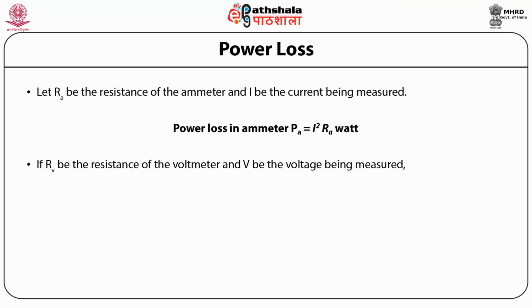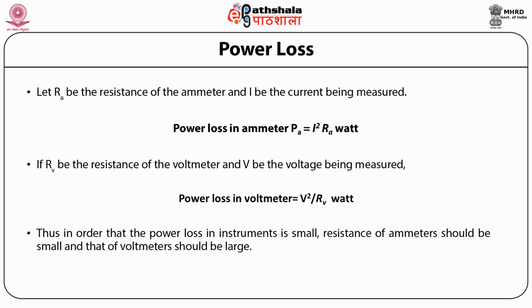If Rv is the resistance of the voltmeter and V is the voltage being measured, the power loss in the voltmeter is given by V squared by Rv watts. Thus, in order that the power loss in instruments is small, the resistance of ammeters should be small and that of voltmeters should be large.